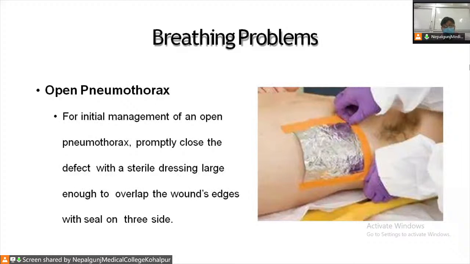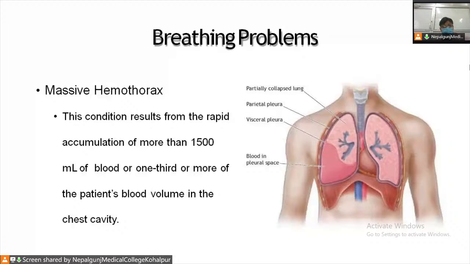Now, how do we manage the open pneumothorax? As shown, we cover the injured side, but we need to leave one side open such that it will not end up in tension pneumothorax.